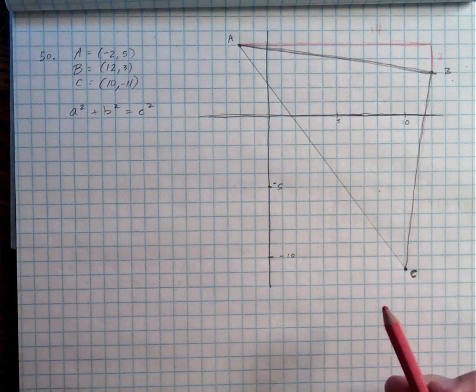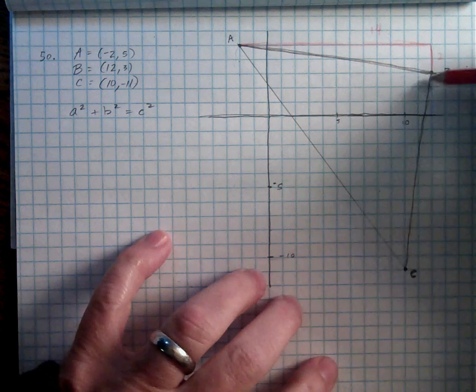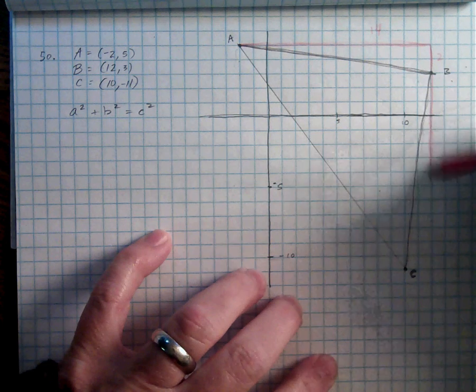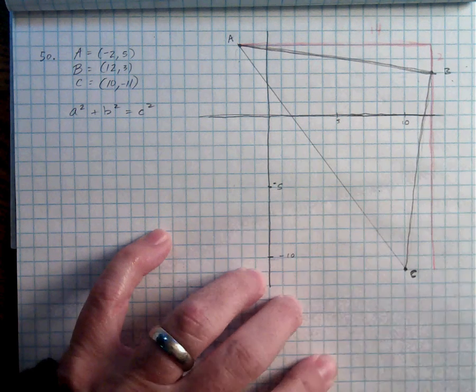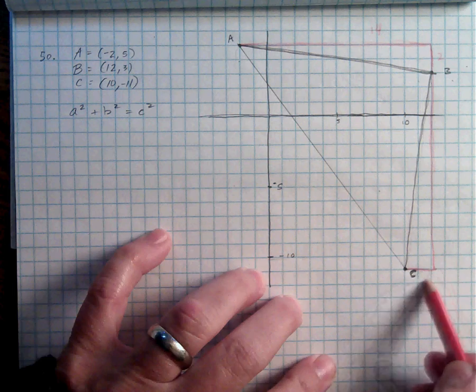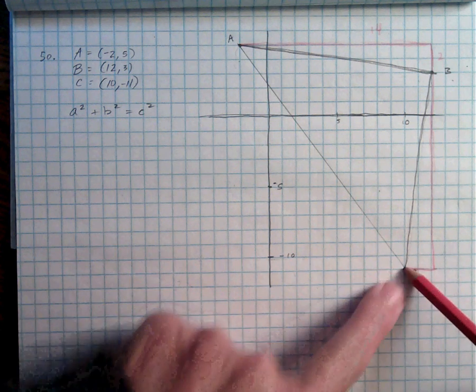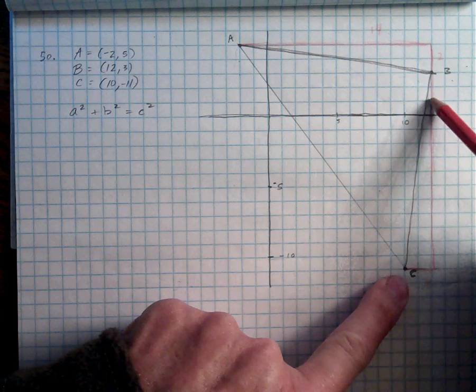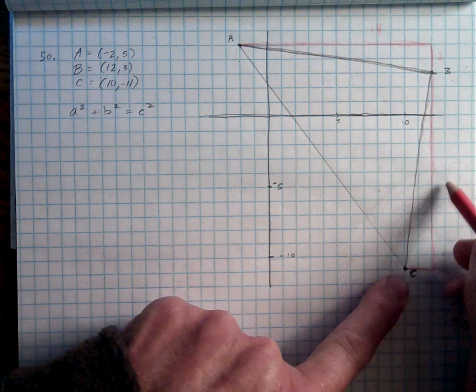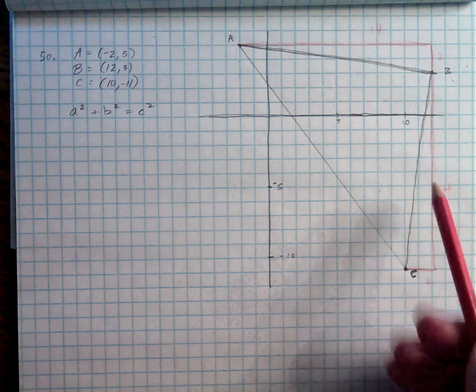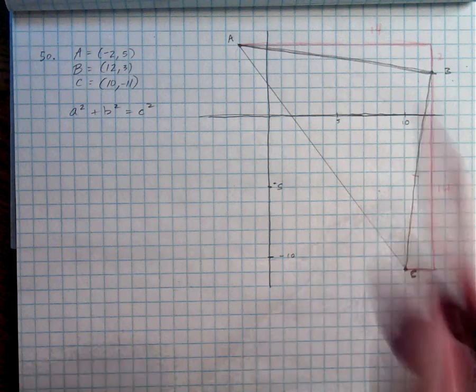And then this side, I go down all the way to here and over 2. So that's 2, and from here up, that's 11, 12, 13, 14. So those two sides are exactly the same length, so this is another isosceles right triangle, right?